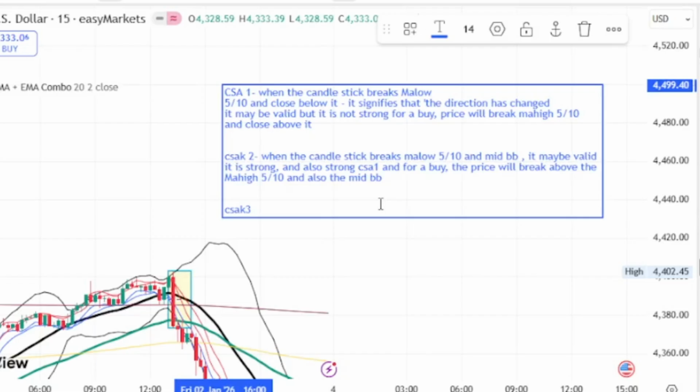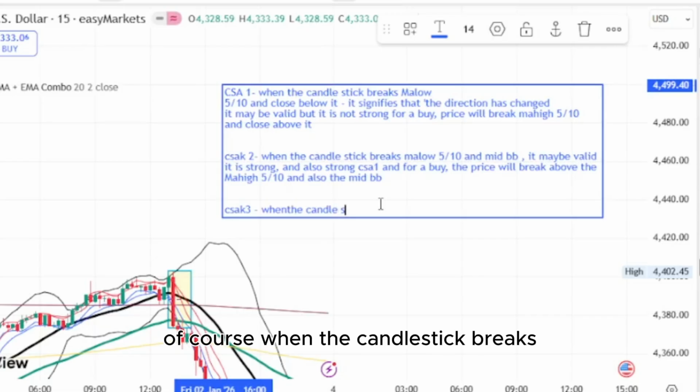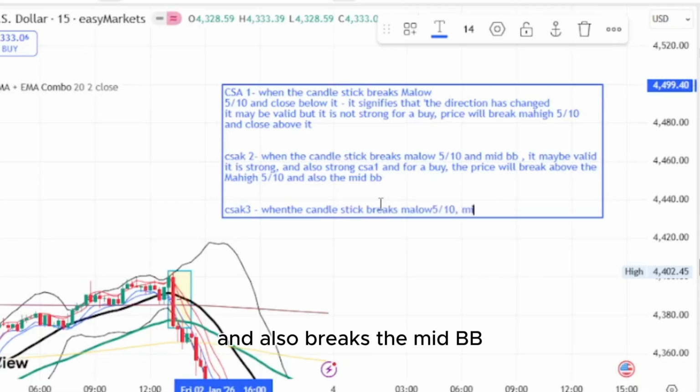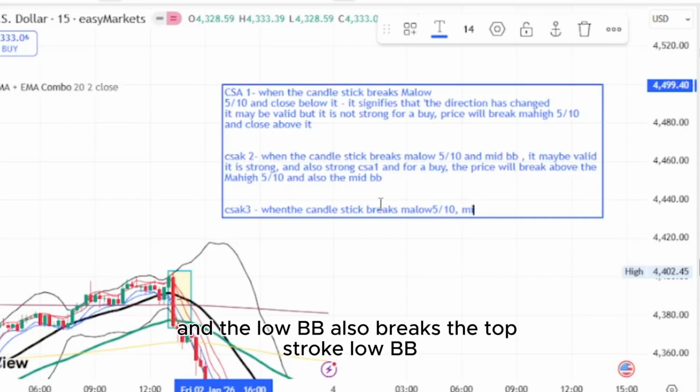This occurs when the candlestick breaks the moving average 5 and 10 low, and also breaks the mid BB, and also breaks the top BB and the low BB. I'm writing it down so that you guys can copy it.